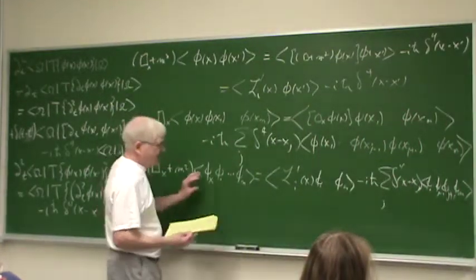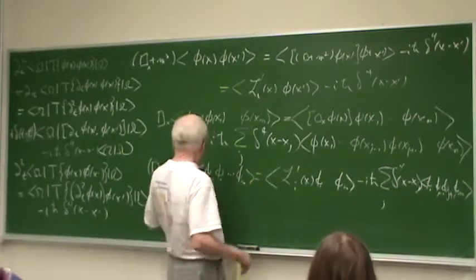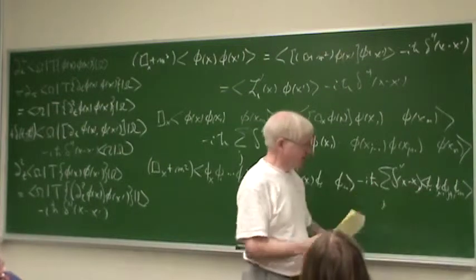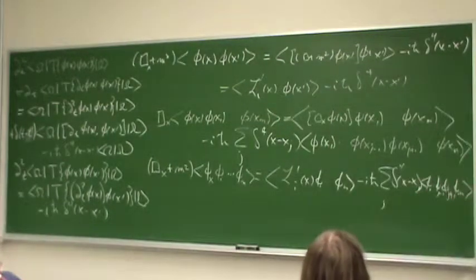So if we look at the Schwinger-Dyson equation in the free theory, L prime is 0, and this is just a bunch of delta functions with a minus i in it.